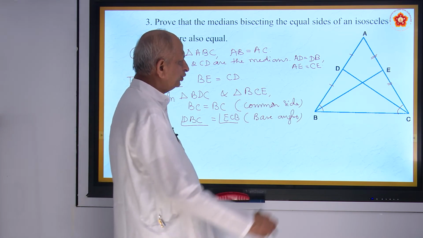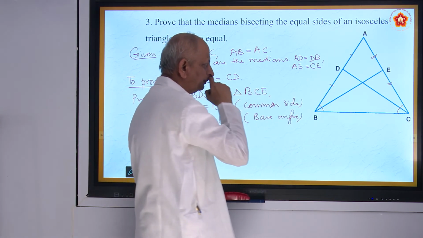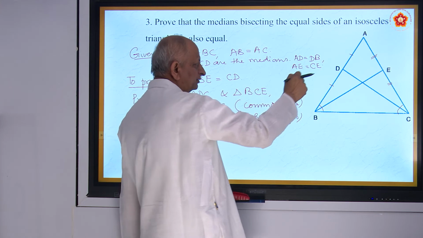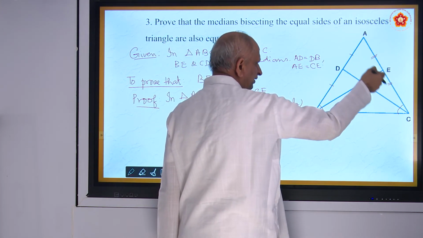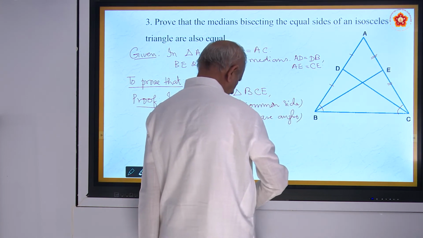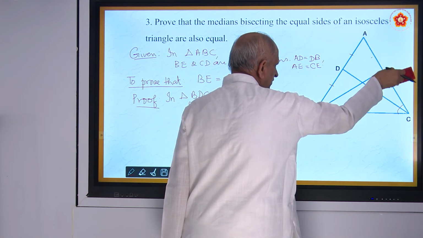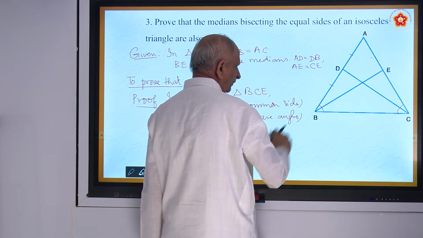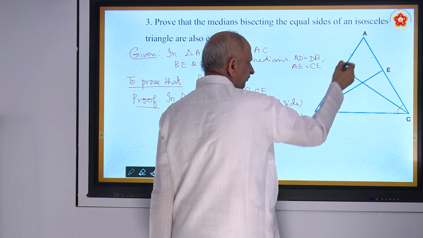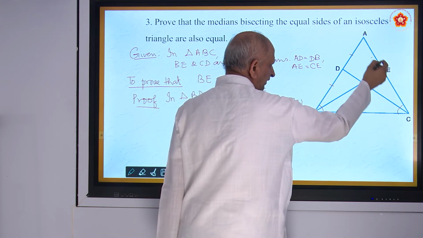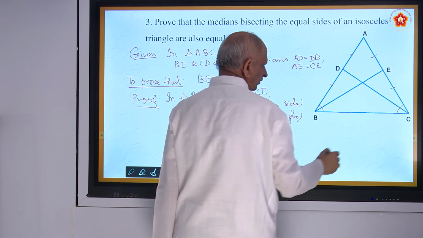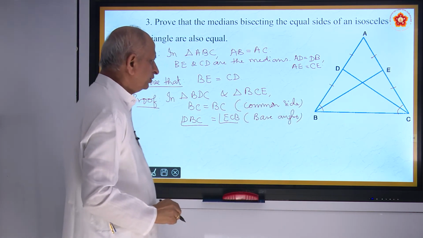So what does the median do? They bisect the opposite sides. So here, as these two sides are equal, their parts also will be equal. So suppose this is 8, this becomes 4 and 4. This also will be 4 and 4. So those two will be equal.